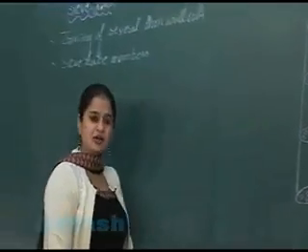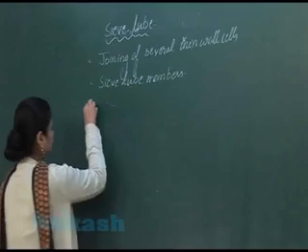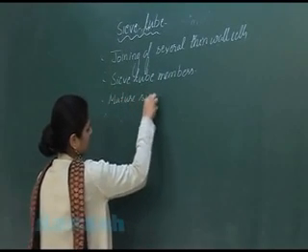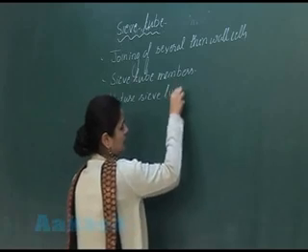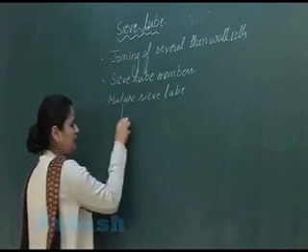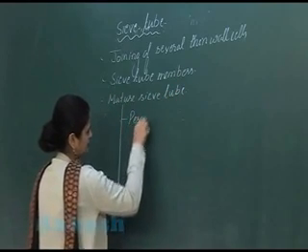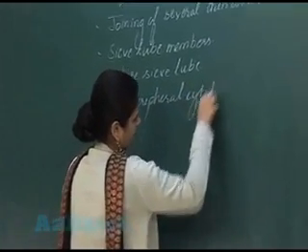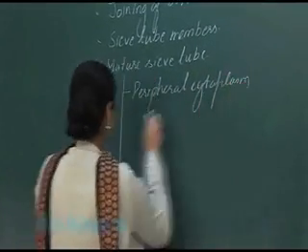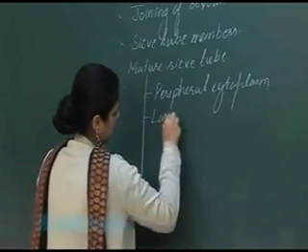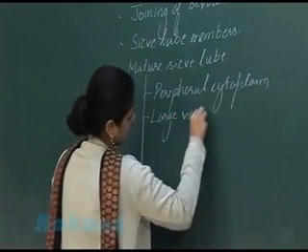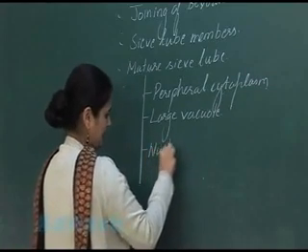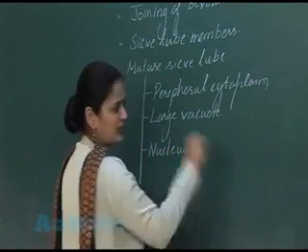Now, in the case of the mature sieve tube, there is presence of peripheral cytoplasm, there is presence of a large vacuole, but the nucleus will undergo degeneration.